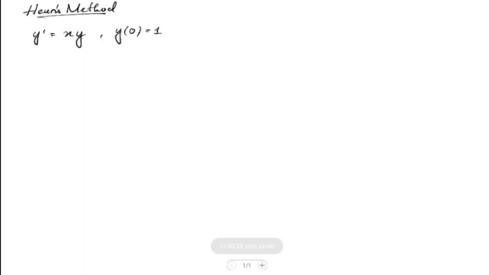Here we have the differential equation and the initial condition written. What we have to find out is y at x equal to 0.4, and our step size is 0.1.